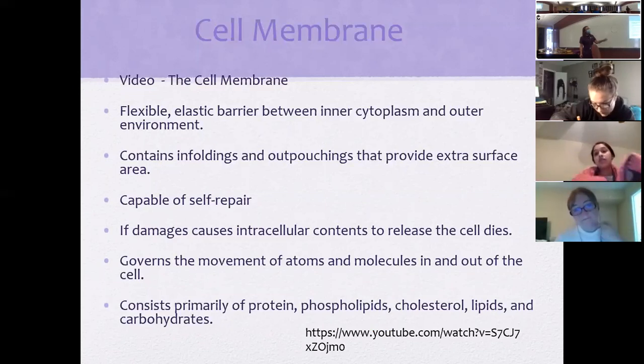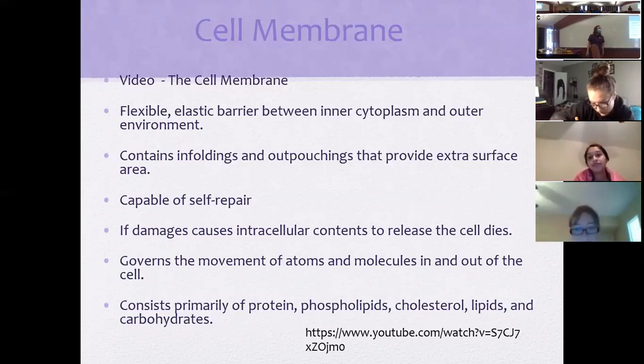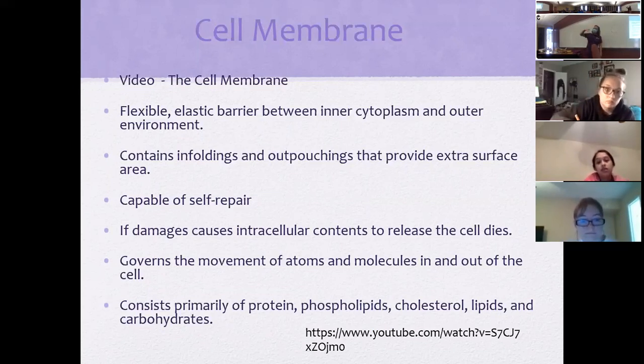It is made up of protein, fats, cholesterol, and sugars, and it kind of moves in waves. It's like fluid, constantly readjusting and changing shape, constant motion, really dynamic. It's an amazing, amazing thing.